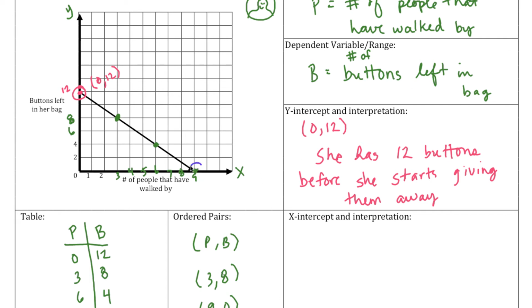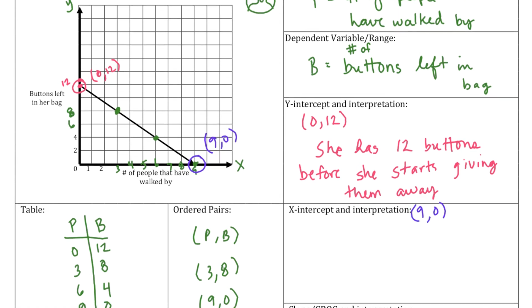And this will be my x-intercept, which is 9, 0. If you notice, in my y-intercept, my x is 0, my y can change, but in my x-intercept, the x can change, but the y is at 0. So 9, 0.